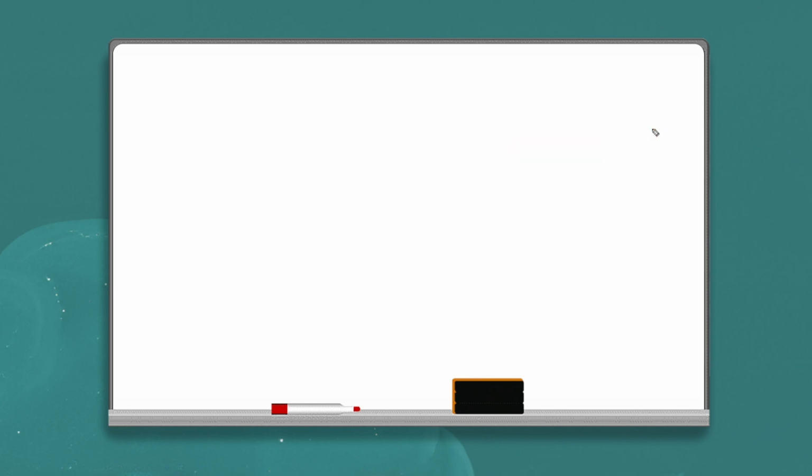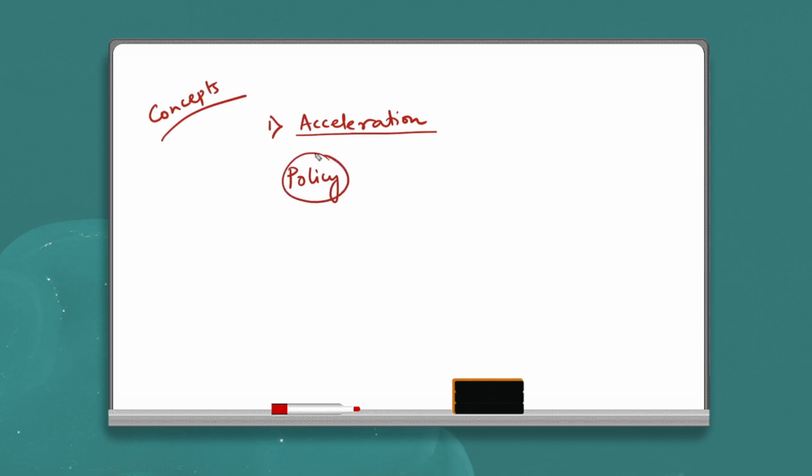Now let's move on to some concepts. The first concept is acceleration. What is an acceleration? The name of the service is Web Application Acceleration. As I mentioned in the previous whiteboarding, while working with Web Application Acceleration, you create a policy and then you bind that policy to a load balancer.